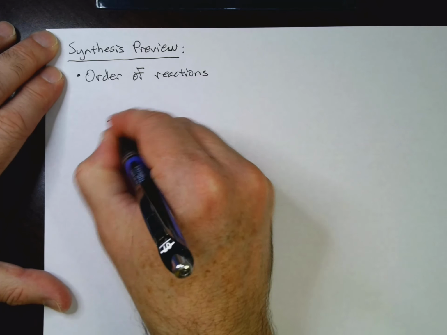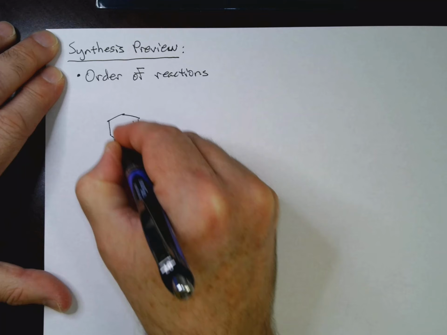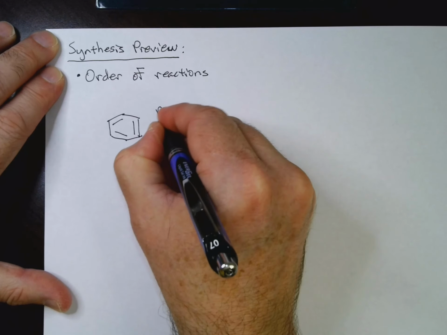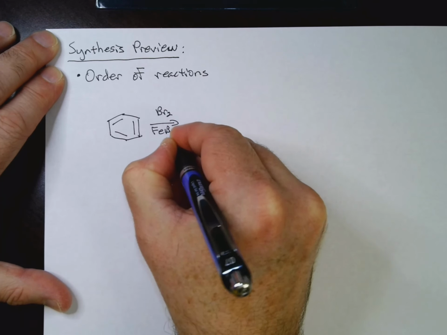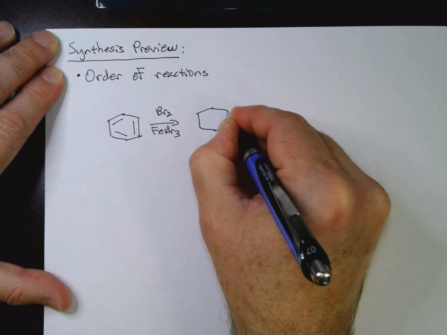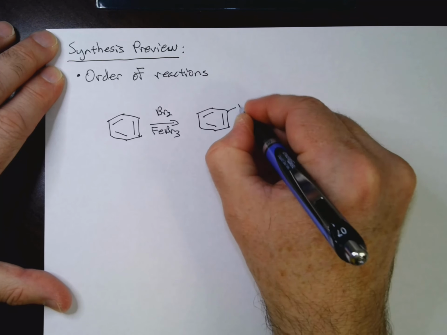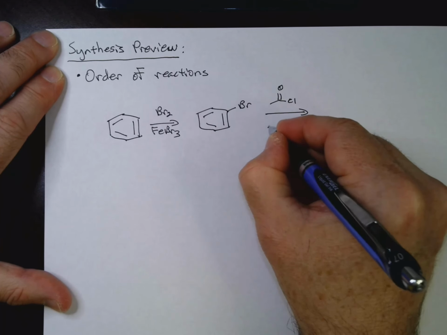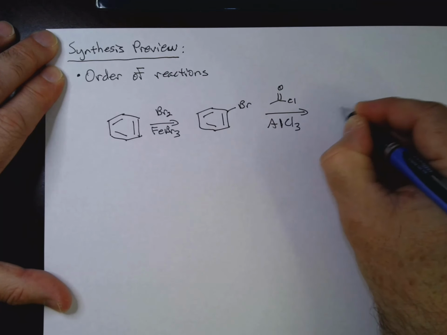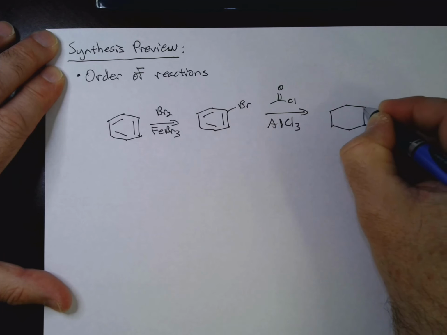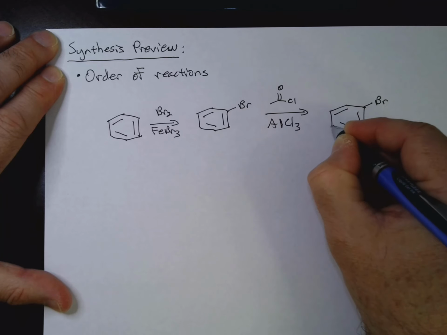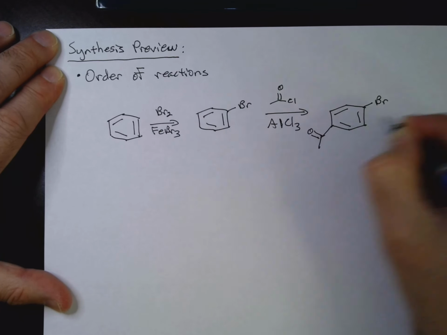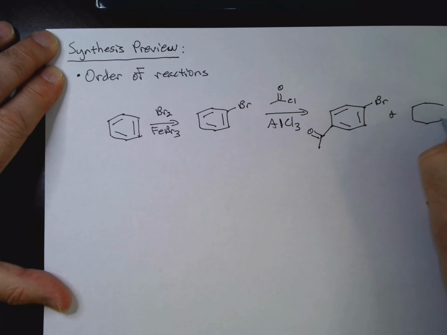So let's just say, for example, if I did Br2, FeBr3, I would get Br, and then if I do Cl, double bond O, and AlCl3, I would get Br, because bromine is an ortho-para director, right?